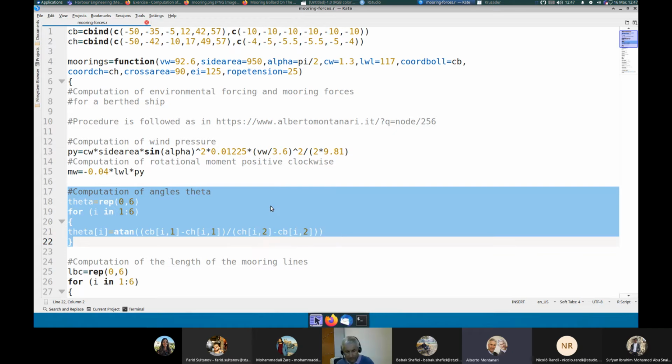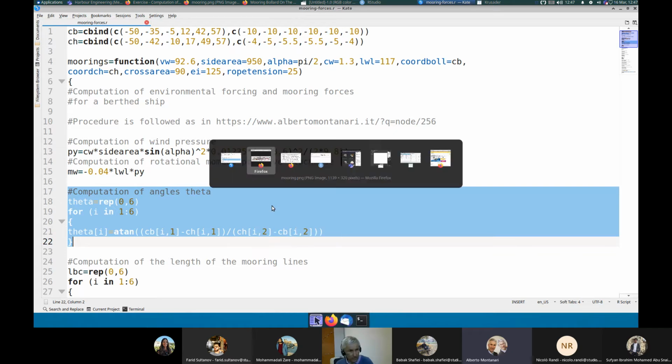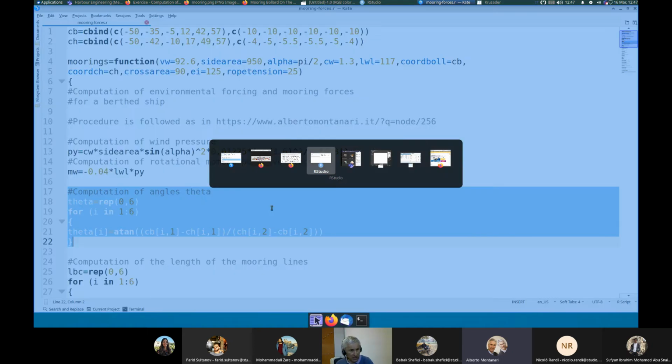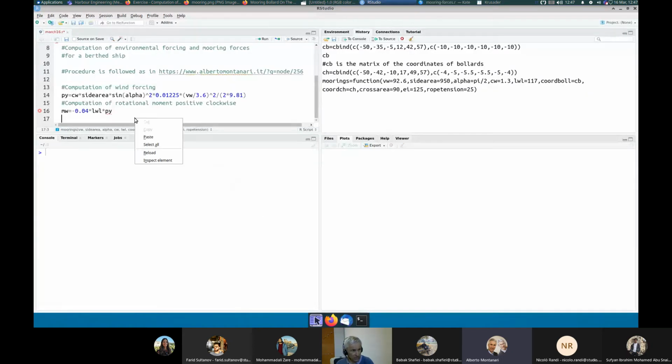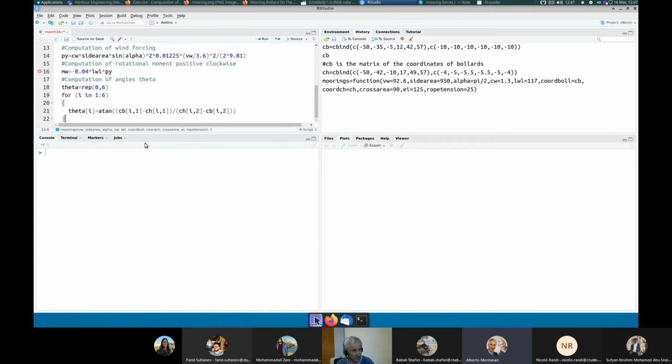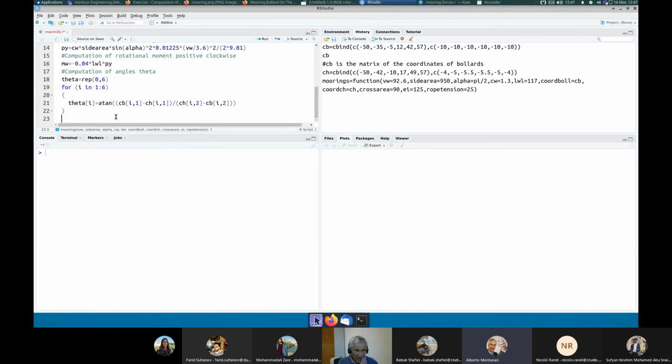Okay, let's now copy it. And let's now paste it in our RStudio. Paste. Okay, good. New line. Now we are not computing anything. We are not executing anything.